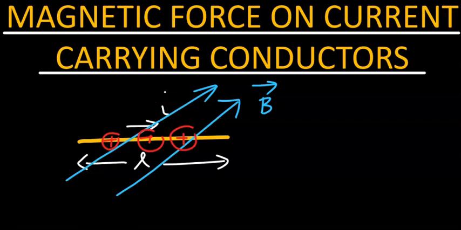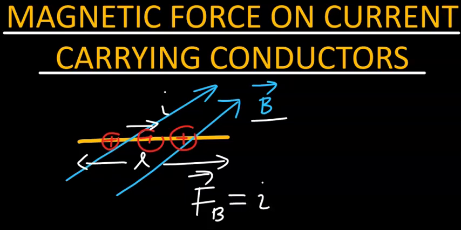As we have seen before, a magnetic field can interact with charges and exert a magnetic force on these charges. So that means this magnetic field will interact with that electric current and exert magnetic force on this conductor, which carries the current. The magnetic force is given by the following equation.